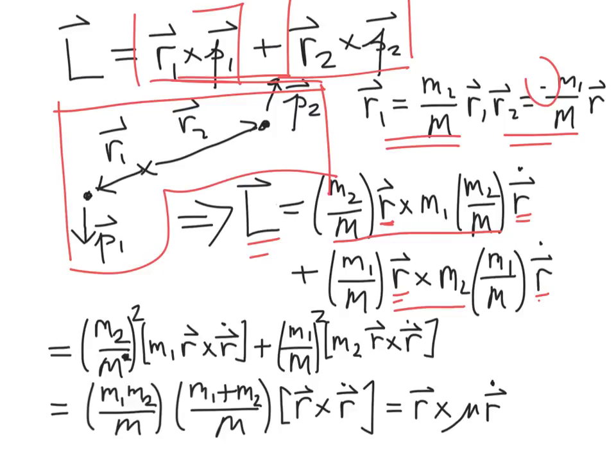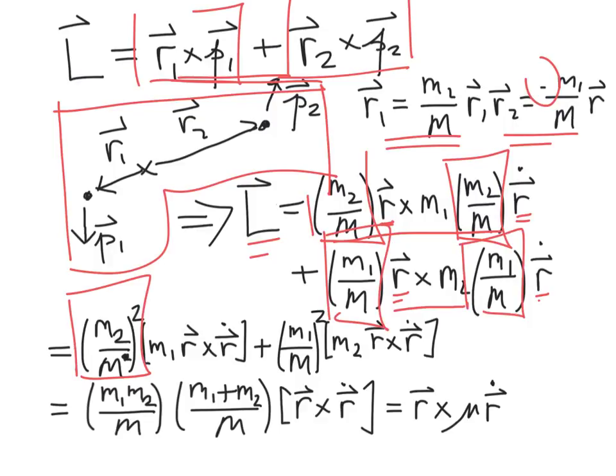We can grab this term, which appears twice in the first expression, so that's that term squared. We get two of these in the second line, so that comes into here. And then we're left with mass m1 being multiplied by r crossed into r vector dot, and then you've got m2 being multiplied by vector r crossed into vector r dot.